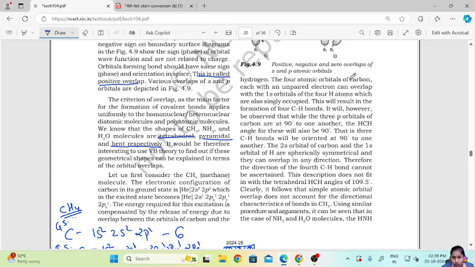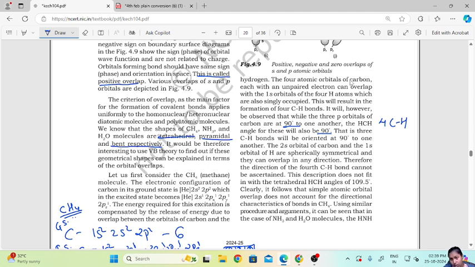Hence in methane, when you have 4 unpaired electrons, you take 4 hydrogens, each hydrogen has 1 electron. They will pair up and satisfy both atoms. Hydrogen is satisfied, carbon is also satisfied, and they form 4 CH bonds. Now it will however be observed that while the 3 p orbitals of carbon are at 90 degrees to one another, the HCH angle will also be 90 degrees.